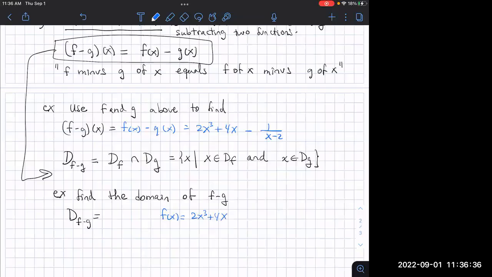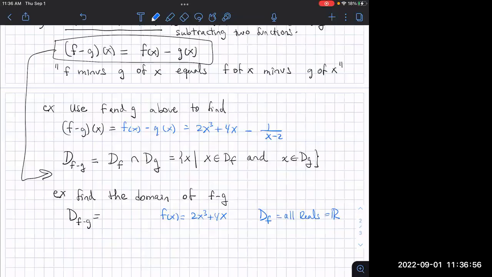It's a polynomial. There is no restriction in any of the operations involved here. That is addition and multiplication. So then the domain is all reals. So domain of F is all reals.